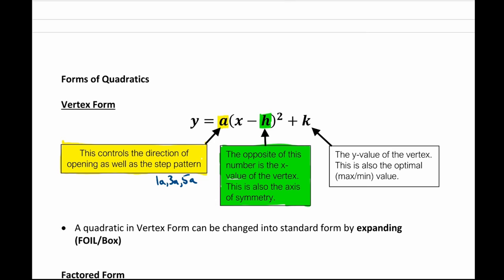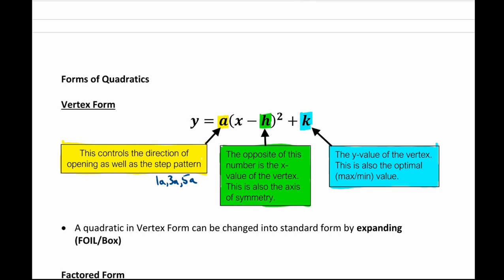If we're subtracting a negative, it would change to positive. So the h value tells us the x value of the vertex, which is also the axis of symmetry, and k is the y value of the vertex, which is also the optimal value, which is the max or min. So those are the three things that the vertex form tells us.